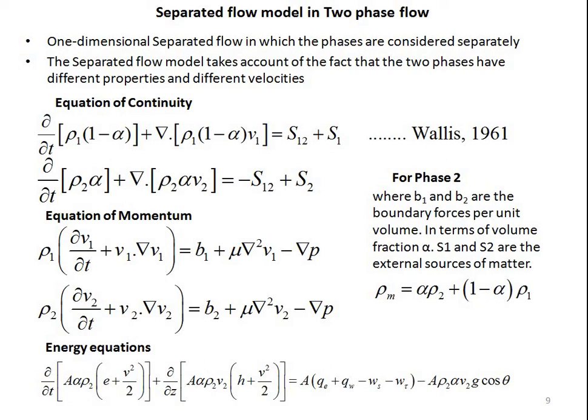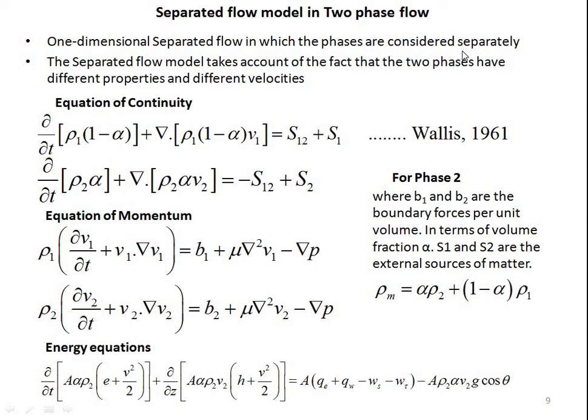So in this context, we have the separated flow model and the homogeneous flow model. These are two popularly used models. So how do we design these models? We will just discuss the basic fundamentals here. The separated flow model is a one-dimensional model in which the phases are considered separately.